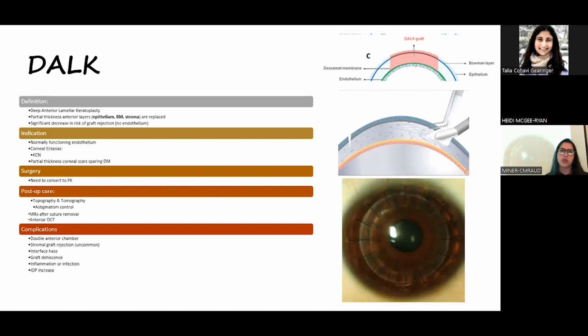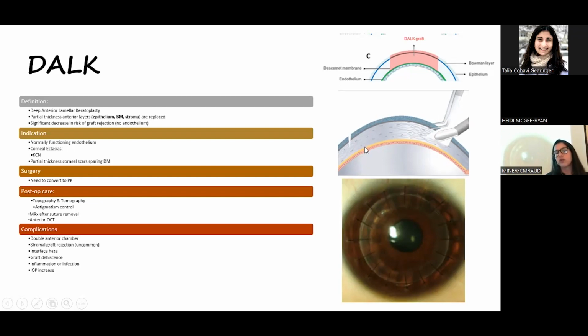We just have to make sure that scar is not full thickness. As well, patients that have had corneal ulcers, which have a scar, we just make sure that they're not full thickness. And this second picture is showing that during the surgery, the difference between the PK and the DALK is that we have to remove those anterior layers.